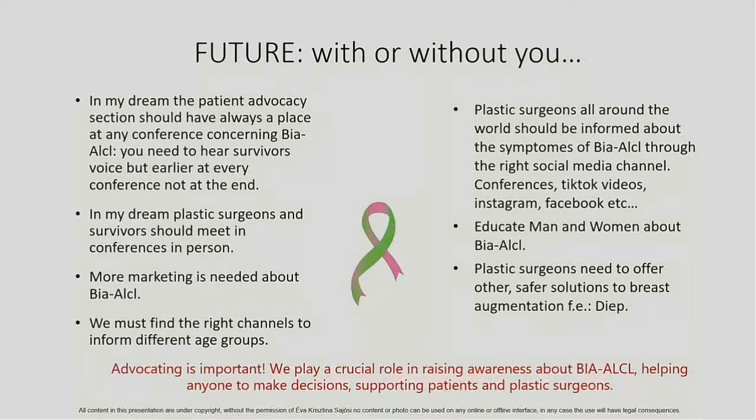I'm very happy about the fact that there are different possibilities of breast augmentation, and some plastic surgeons offer already these solutions. Even if I didn't have reconstruction, I think it's really important.